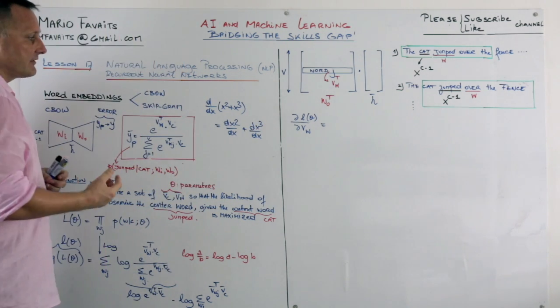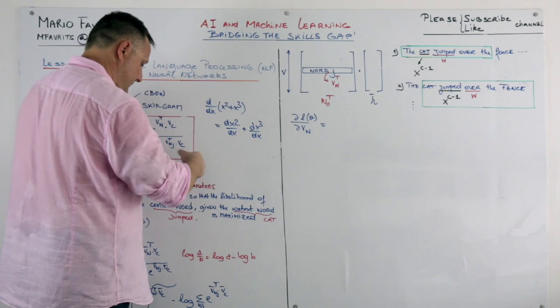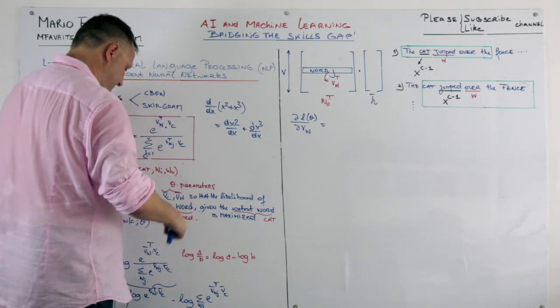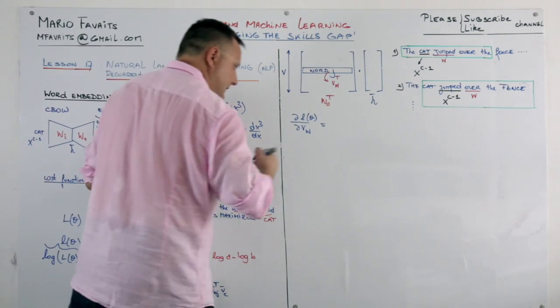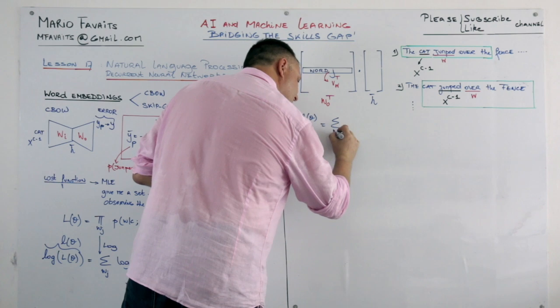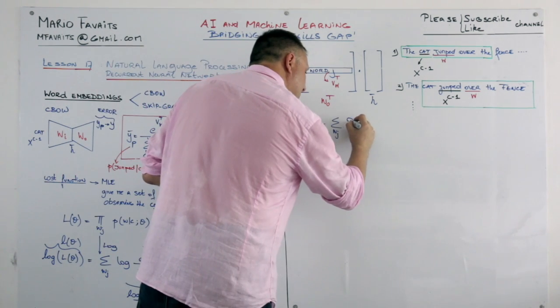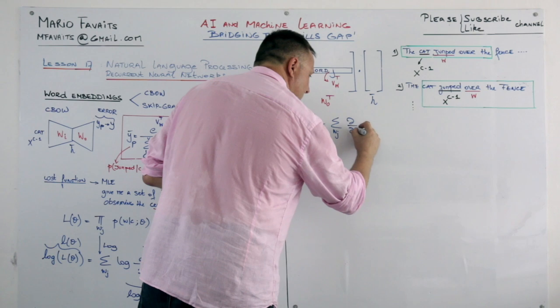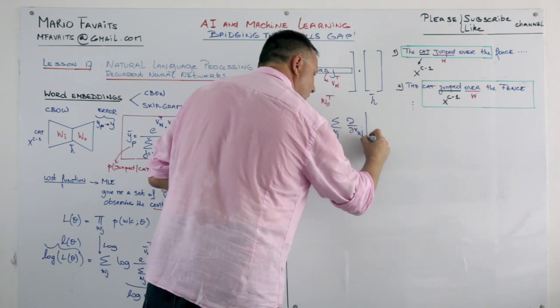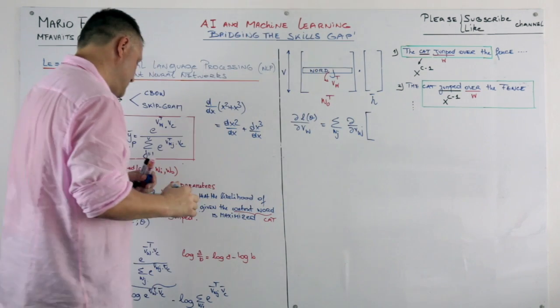So the derivative of a sum is the sum of the derivatives, and I can put this first sum outside, over all w's.